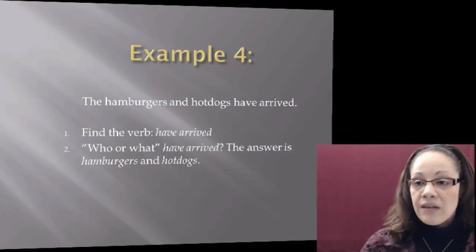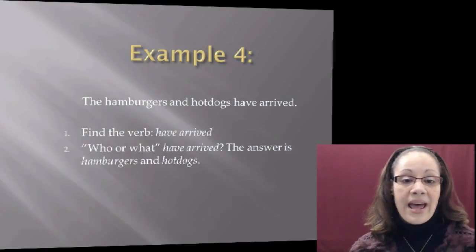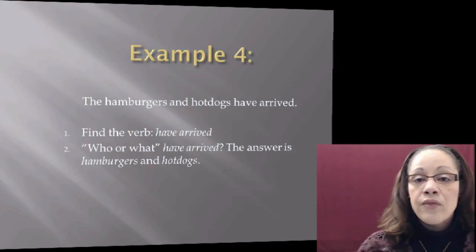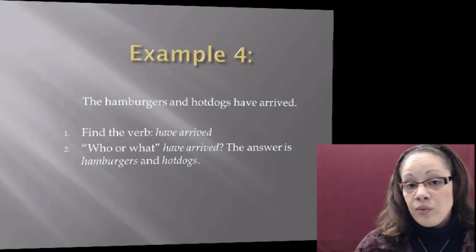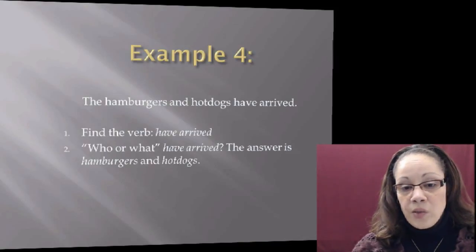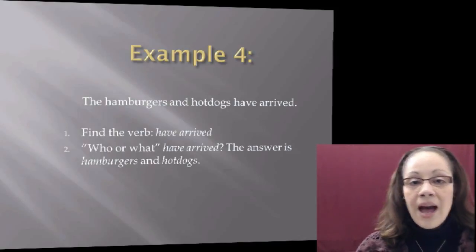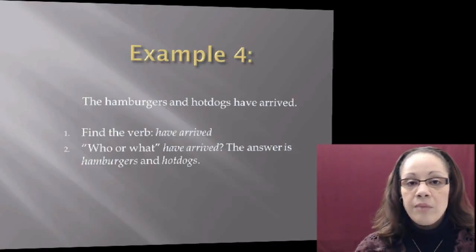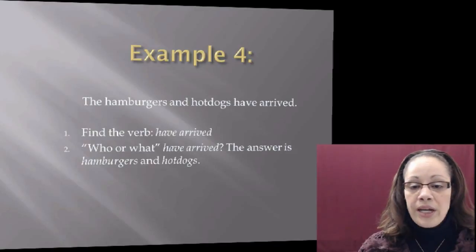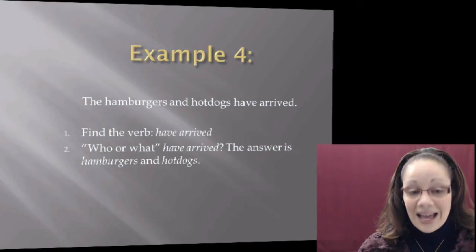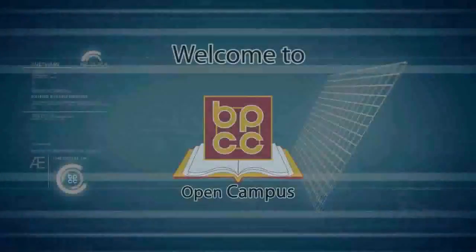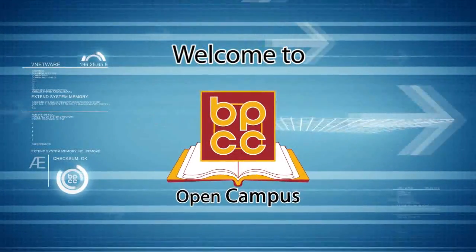So have arrived is our verb. Who or what have arrived? Again, we have 2 subjects for this one verb. Hamburgers, hot dogs have arrived. So our subject is hamburgers, hot dogs. And again, if you notice, the coordinating conjunction and is not a part of your subject of the sentence.